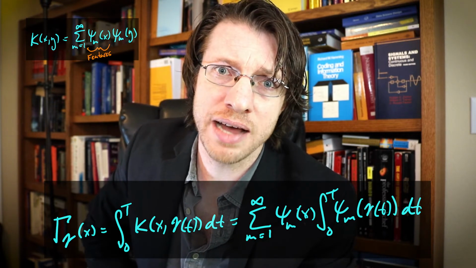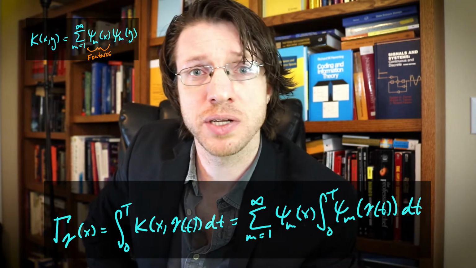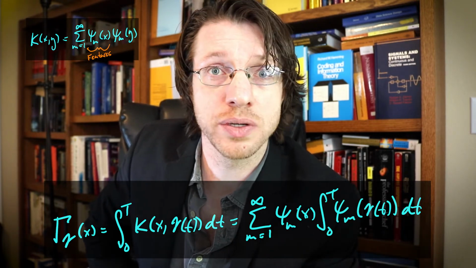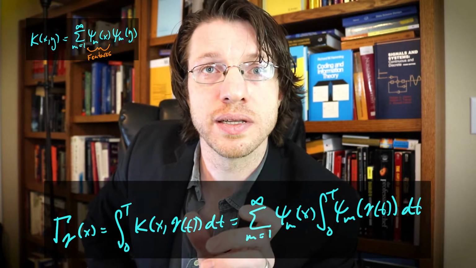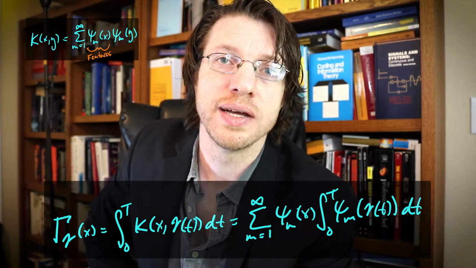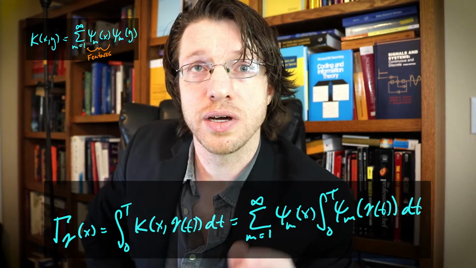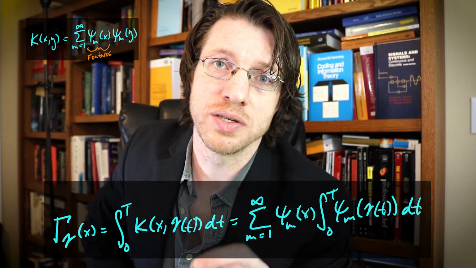And then what we have is the features with respect to x being left alone altogether, and this integral is being applied to the features that corresponded to the second variable. And so now we have our feature corresponding to x times the integrals of our features composed with the trajectory.